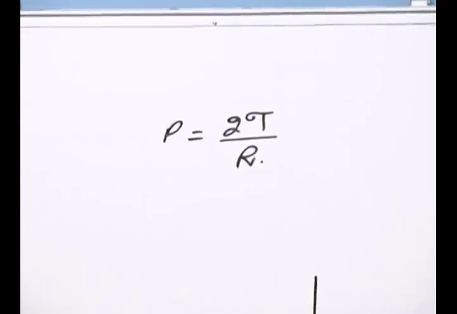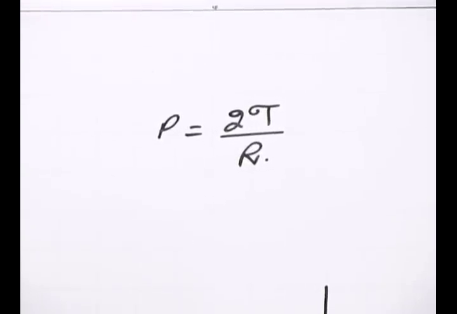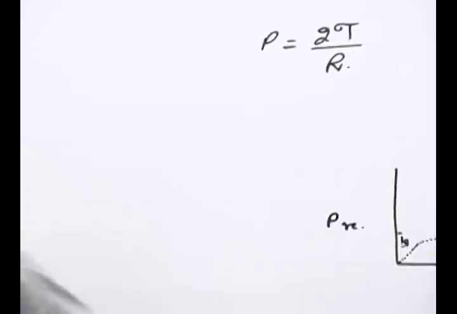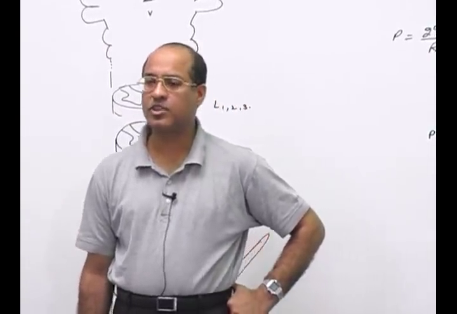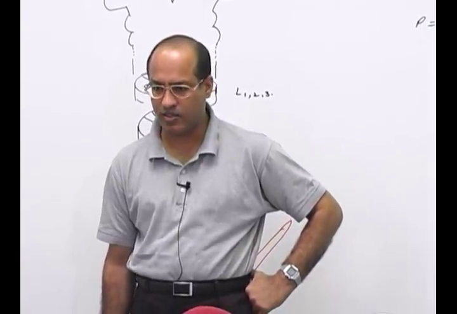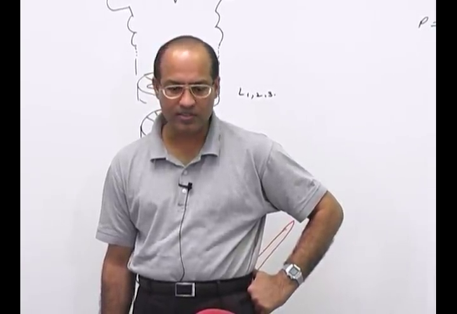Now, the question is: what determines the increase in radius? One reason is that the bladder wall has a very special quality called plasticity, biological plasticity.